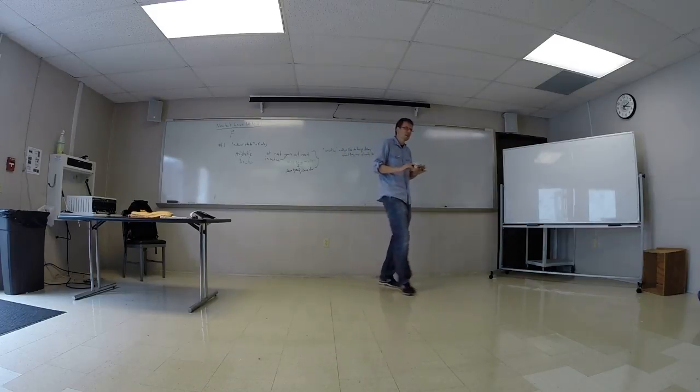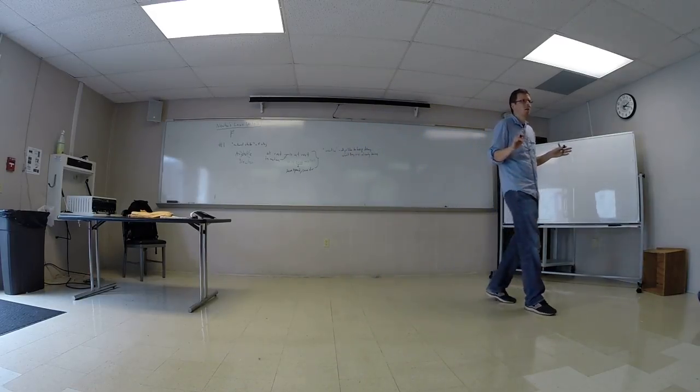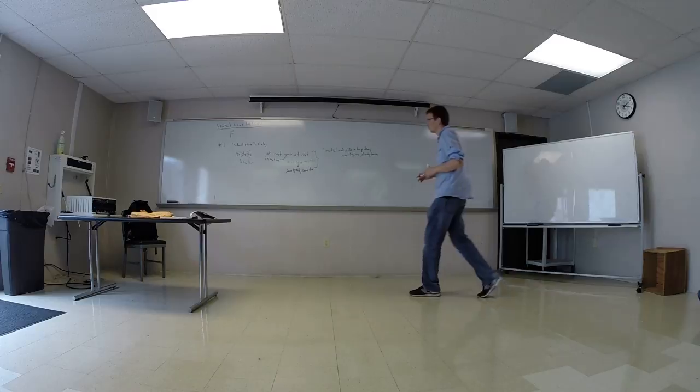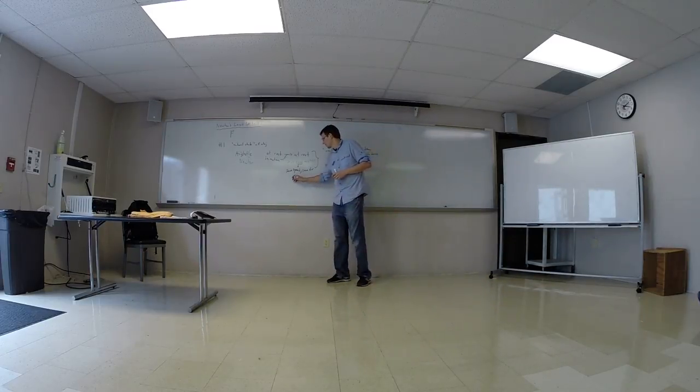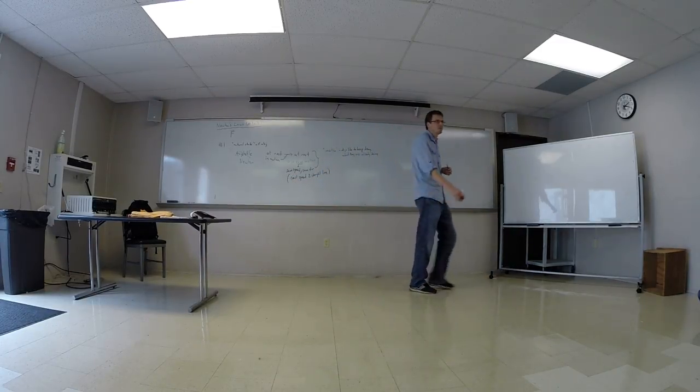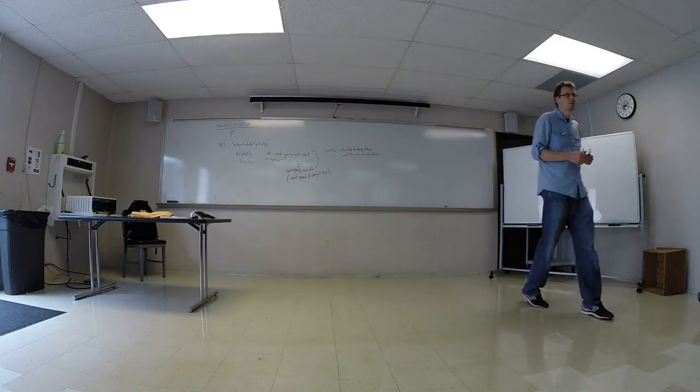Everything is the same. Nothing can change. And so the only thing you can have is a constant speed straight line. That's what this is. Constant speed, constant direction. That's the only kind of motion you can have.